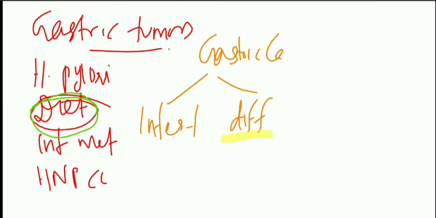Now in intestinal, the cells are actually cohesive. Though they are neoplastic intestinal glands, they are in an expanding sheet pattern, which means there is cohesion of cells. But in diffuse type, as the name says, it is already spread. So it will be very poorly differentiated non-cohesive cells, and they do not form any glands.